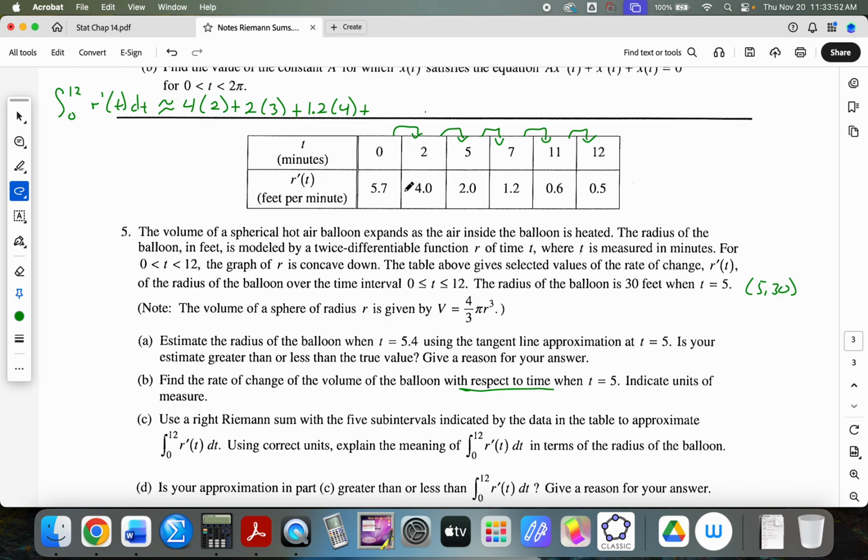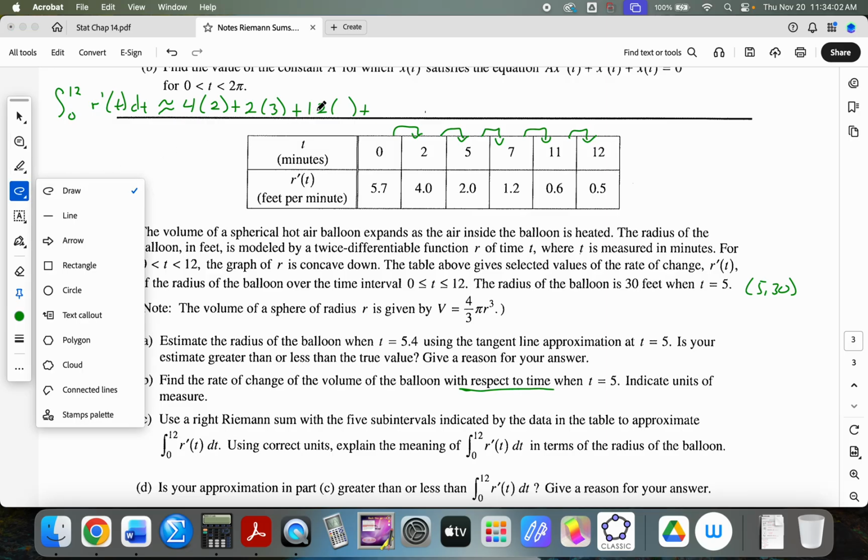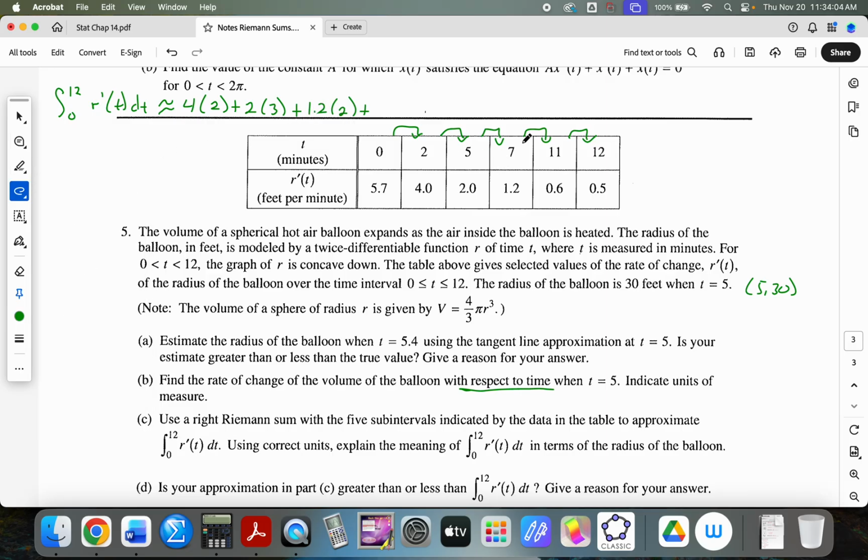Hang on a second, did I lose it? I'm sorry, 1.2 for the next 2 seconds. Then 0.6 for the next 4 seconds. And then 0.5 for the last second.